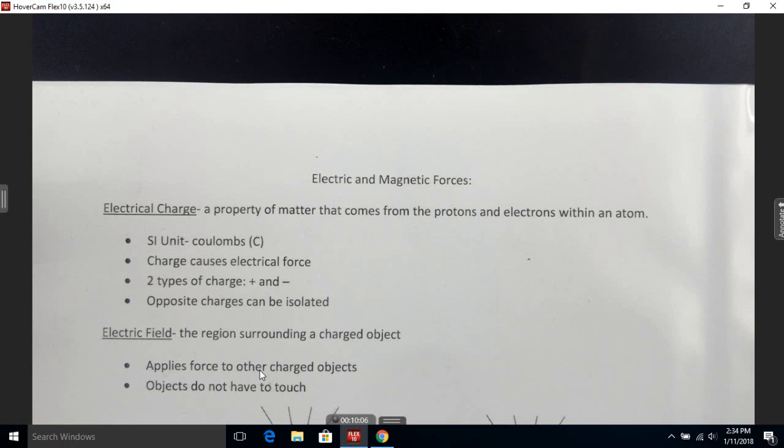No, this is true. There's a gravitational field, there's an electric field, there's a magnetic field. It's just the area where the force is felt. Does that make sense? The field is the area where the force is felt. It applies a force to another charged object. And the objects do not have to touch for that to be there.